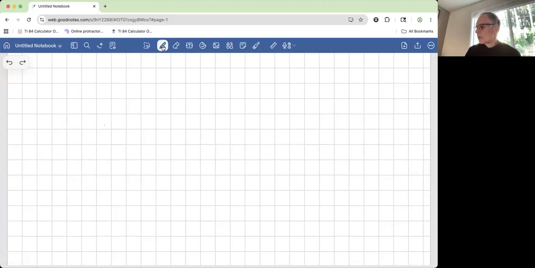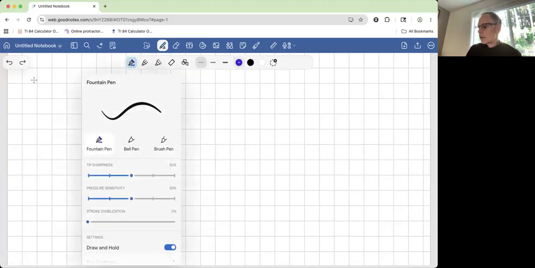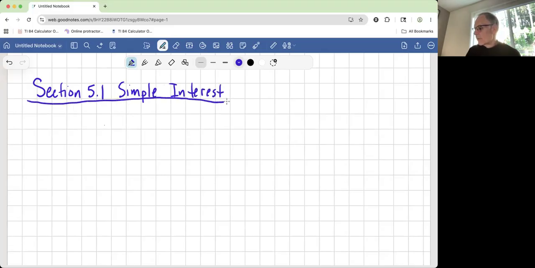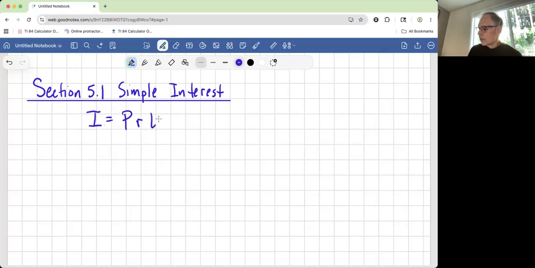So, section 5.1, and it's from an old book we used to use called Mathematical Odyssey. It's got a lot of neat real life application kind of stuff. Chapter 5 is my favorite chapter. It's the finance chapter. So we have two formulas to learn from the simple interest section.